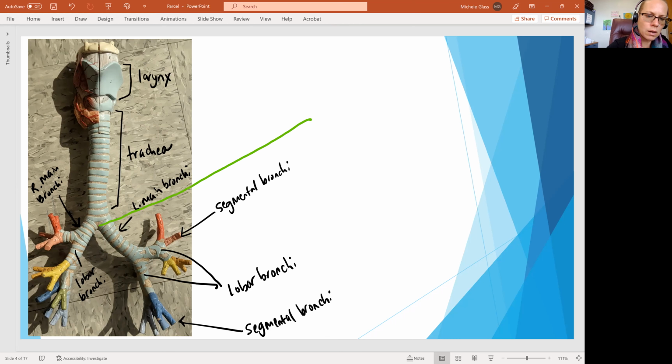In this area, where the trachea comes down and then branches into the left and right main bronchi, we call this particular area the carina. And the carina is where you have special nerves to trigger a cough if food has made it to this point.